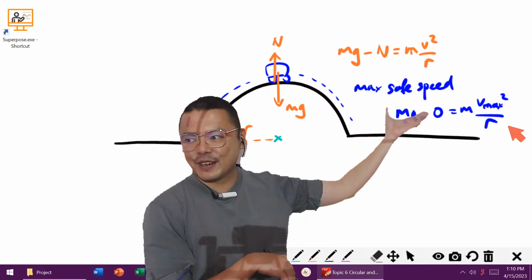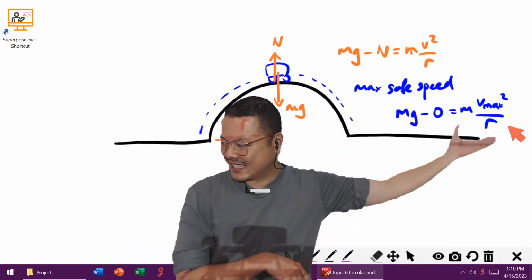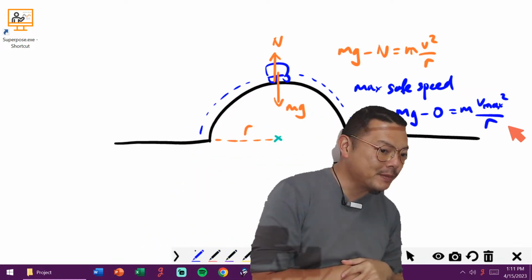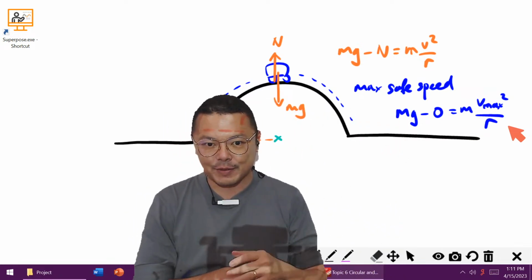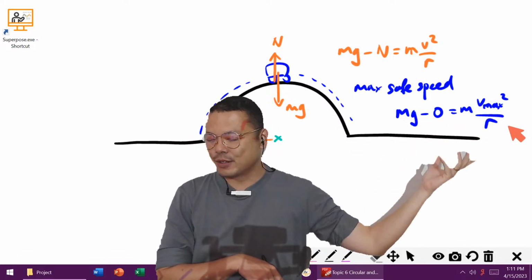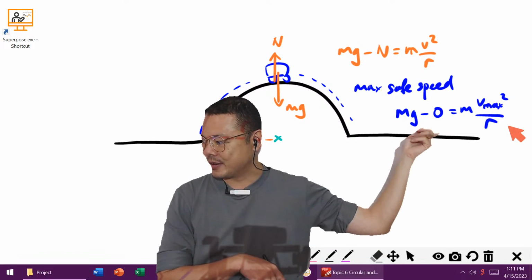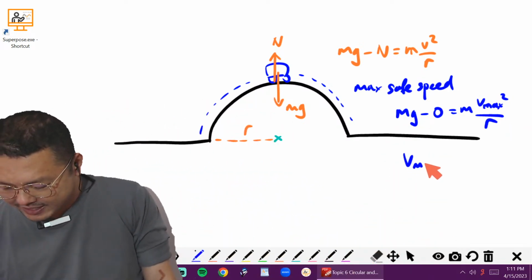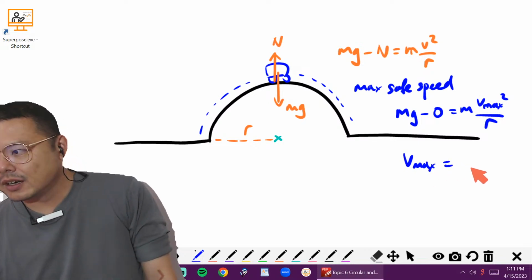If I'm asking for the maximum safe speed, this is the equation. But if they twist the question and say that I want to find out what's the minimum speed to fly off because it's a stunt driver, then it will be the same equation. It still loses contact, N is still equal to 0. Understand? Okay, good.